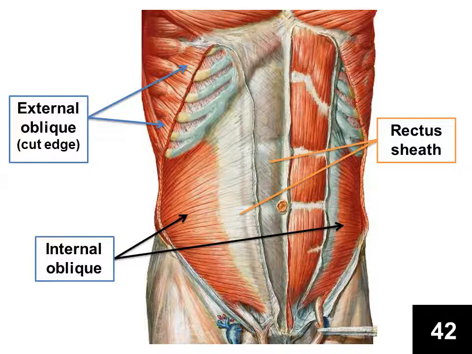اللور فايبر طبعا هذا كله عن الاوريجن والانسرشن قلت لكم ما بدي اعملكم. Now the lowest fibers, on the other hand, arise from the lateral two thirds of the inguinal ligament.